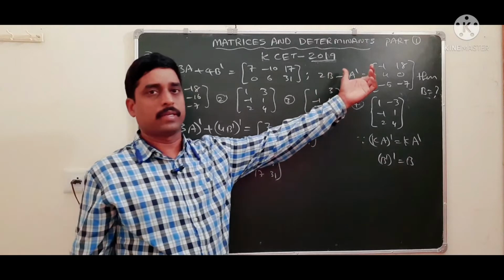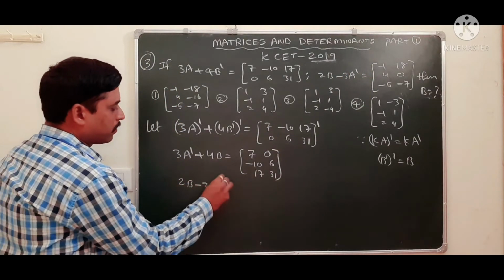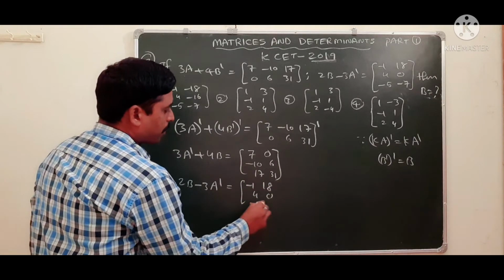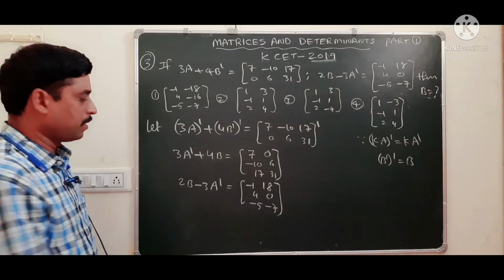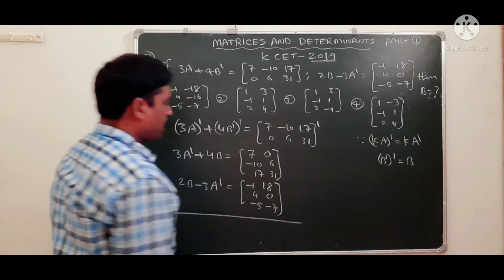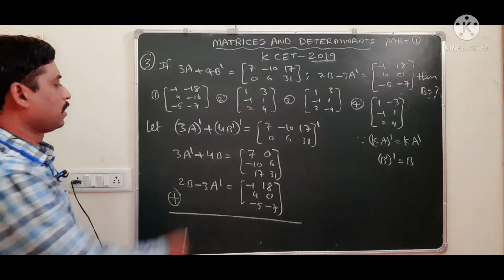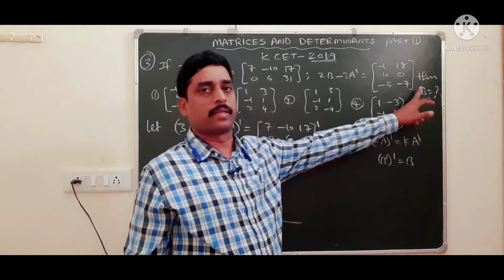What is the second equation given? Write as it is: 2B minus 3A dash is equal to minus 1, 18, 4, 0, minus 5, minus 7. By using the elimination method, let us add. 3A dash gets cancelled, and our target is the B matrix.